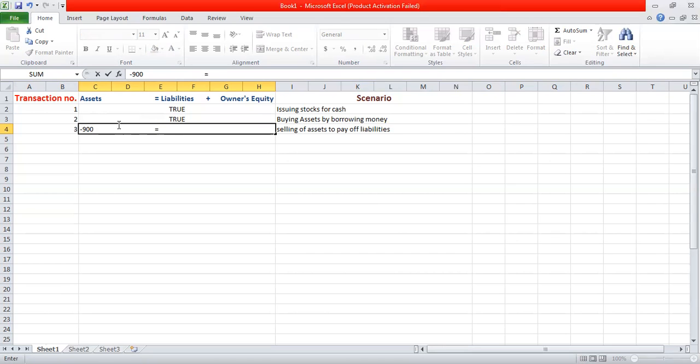By selling assets we are paying our liabilities, so there is a decrease in the liabilities by rupees 900. Now you can see assets equals liabilities, both sides are equal.